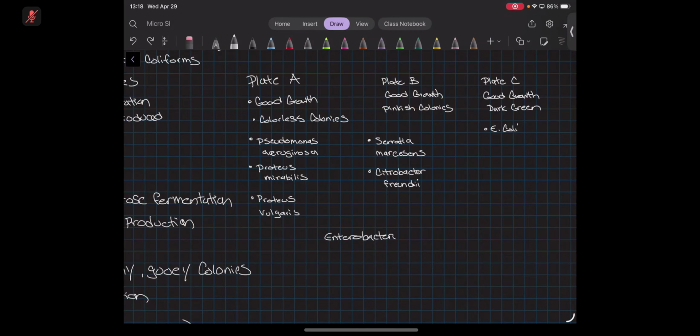So I wish she gave us another. She didn't give you guys much. Like right after that lab with biochemical tests, she said I'll give you the key and you're gonna have to figure out what the bacteria is based on the result. Don't memorize the bacteria, memorize the result. That's how she said it.